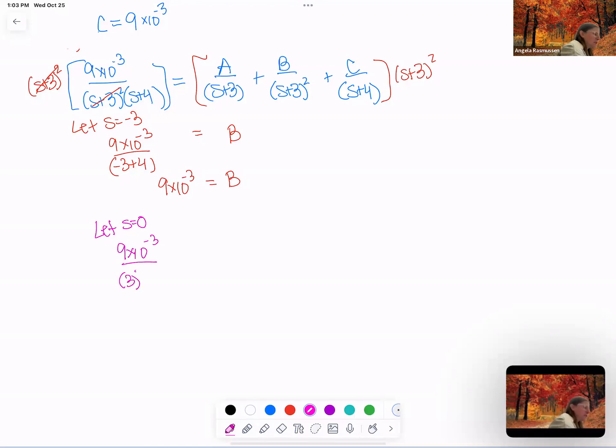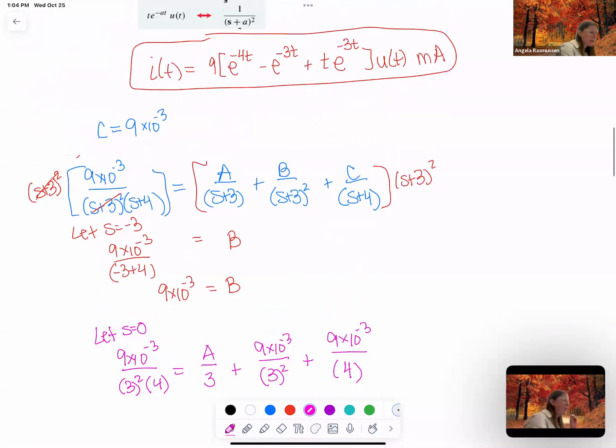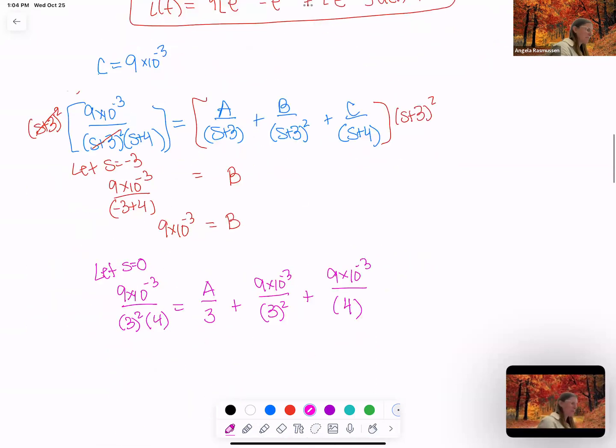So this would be 3 squared, 4, A over 3, and then 9 times 10 to the -3 over 3 squared. And then just solve that for A. And that should result in 9 minus 9.